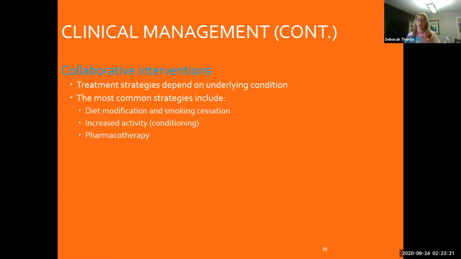Cardiac glycosides have a positive inotropic effect with a lowering heart rate to increase cardiac output and are used for the treatment of heart failure. I want to say digoxin is a cardiac glycoside. And anticoagulants are given to prevent blood clotting.